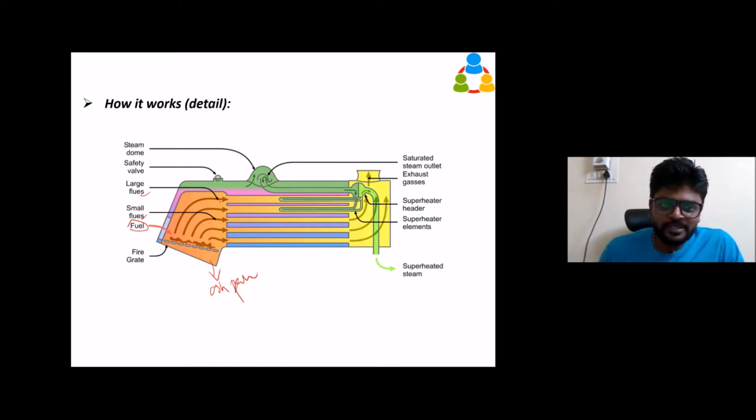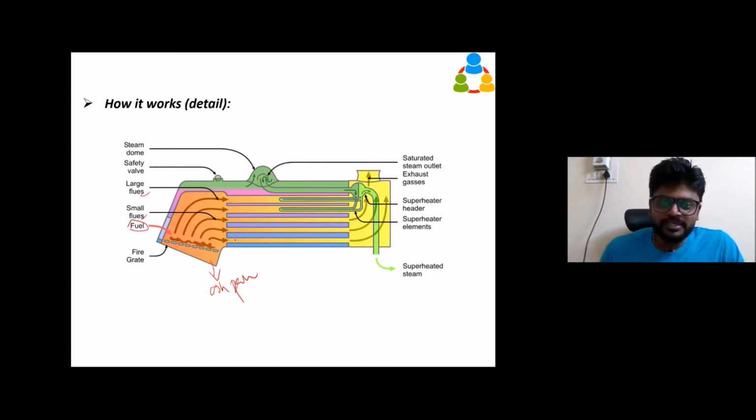Okay, no problem. So what are these flues? The flues are nothing but the duct. Duct means the pipe which carries the hot gas or hot air or any gas. No need to be hot, anything. So that is called flues. Whatever is blue color is water. That orange color is only your tube, duct pipe.